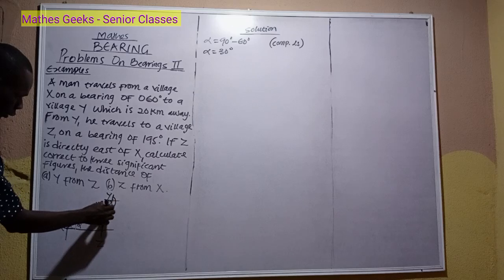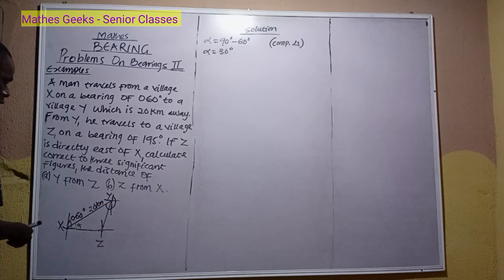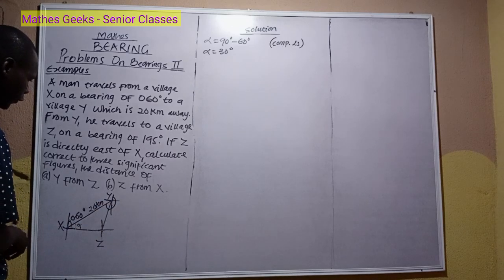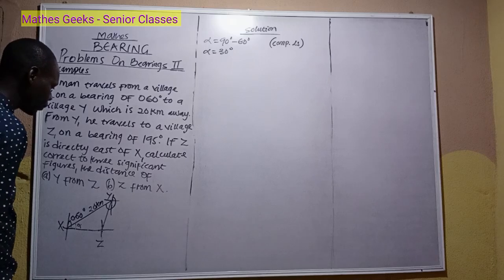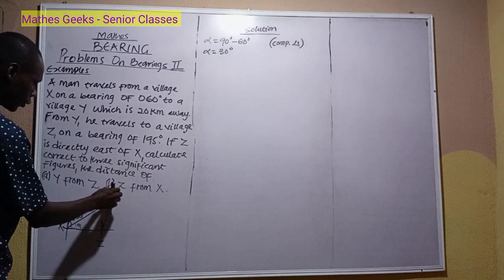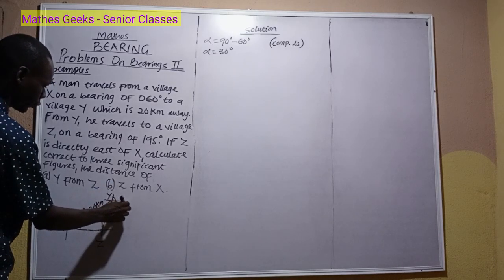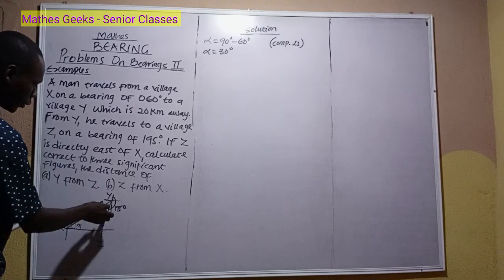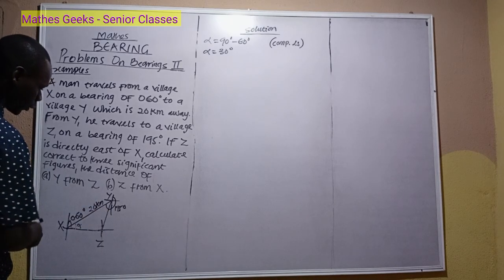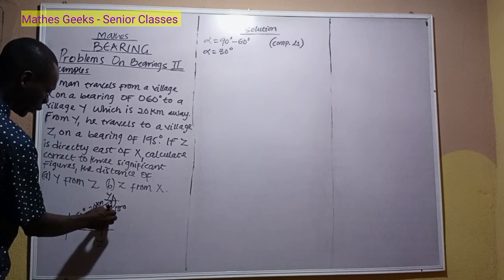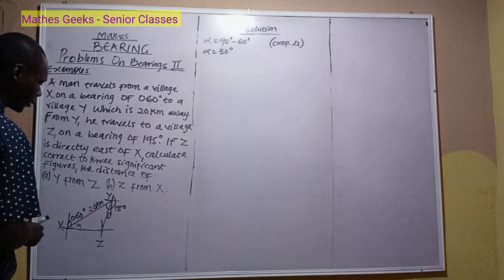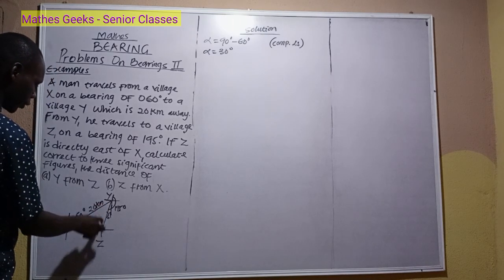First of all, we are told that here is 195 degrees. So if from here to here is 195 degrees, then this angle here would be what? Let's call it B. Whatever this angle is, we alternate to this angle.